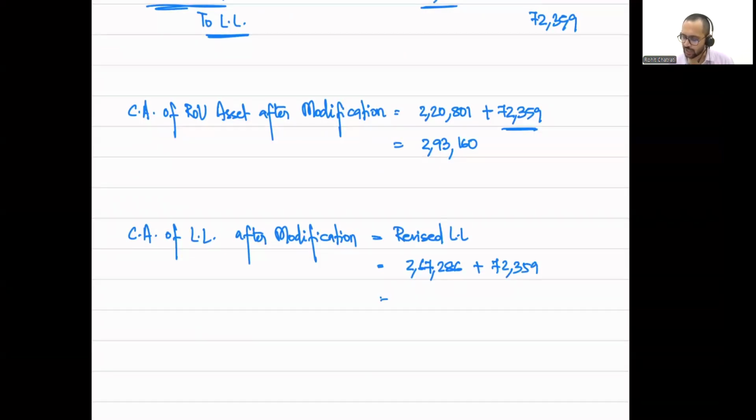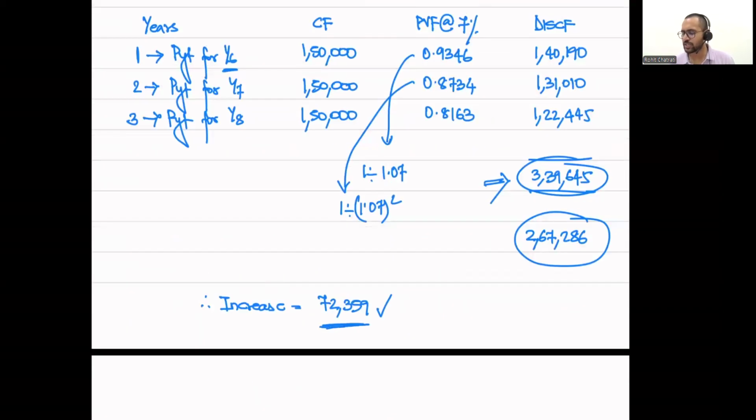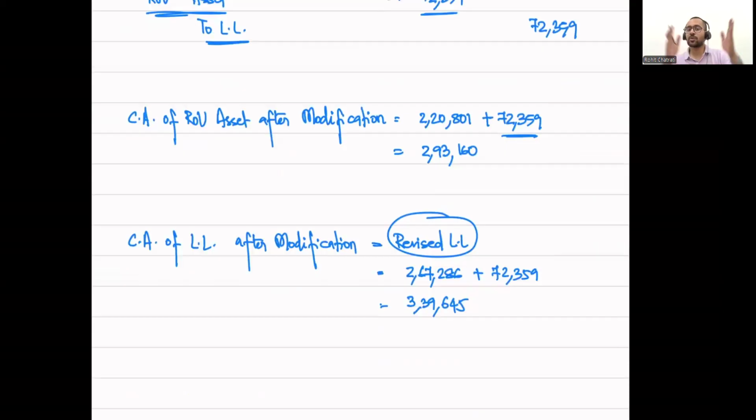So my liability will be 267,286 plus 72,359, which is equal to 3,39,645, and it will match with my revised lease liability. Because I calculated the 72 as a differential figure, obviously my lease liability after modification will be equal to 3,39,645.